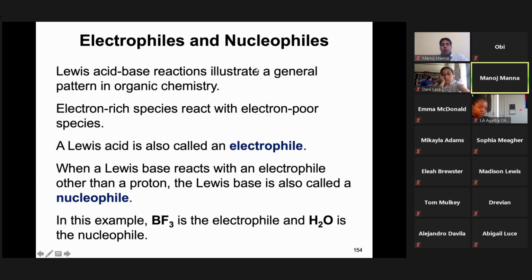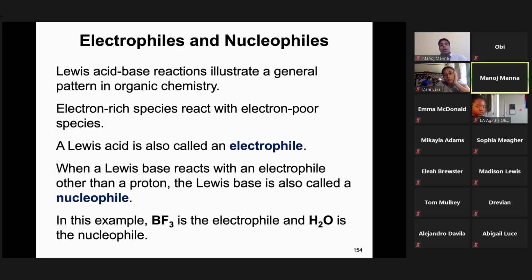Now, the important terms: electrophiles and nucleophiles. Based on acid-base theory, we learned that some species are electron rich and can donate an electron pair, and some species are electron deficient, which we call Lewis acids. From this concept, two new terms were derived, electrophile and nucleophile, because that definition was in terms of H plus ion.